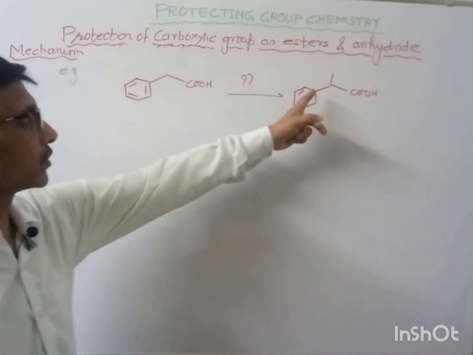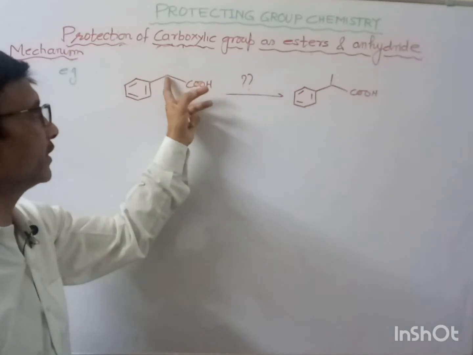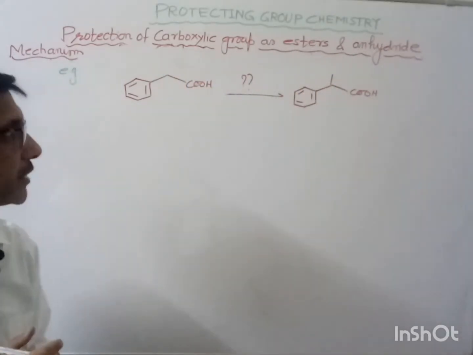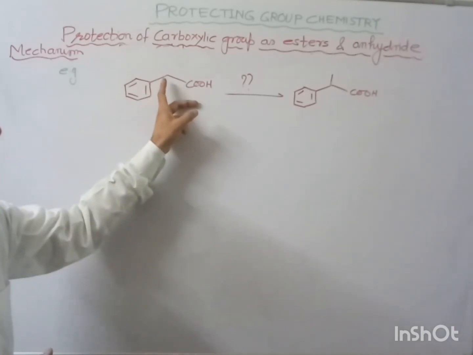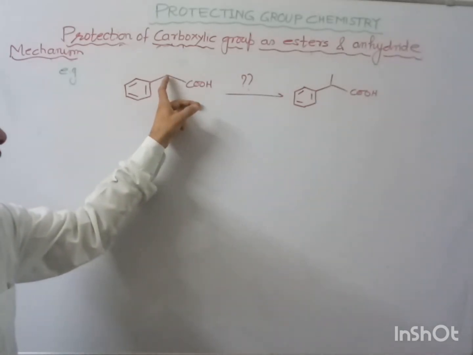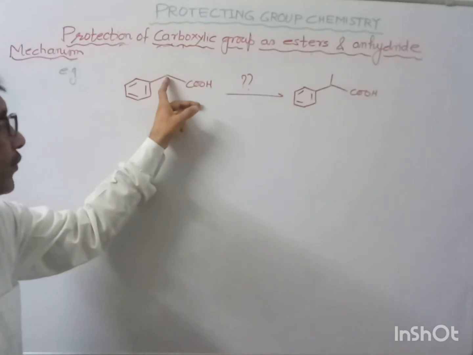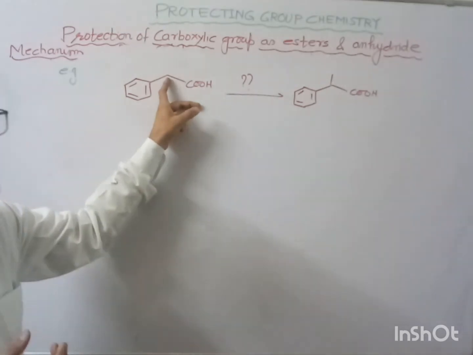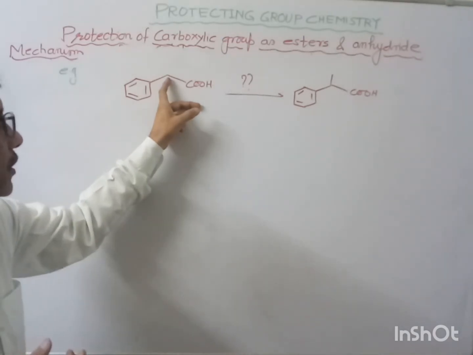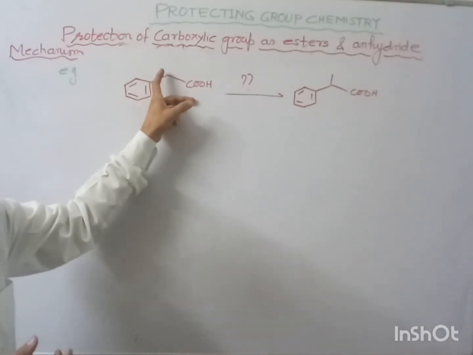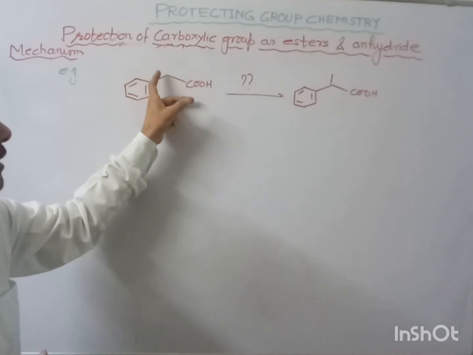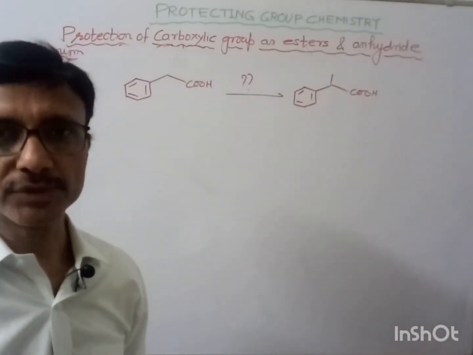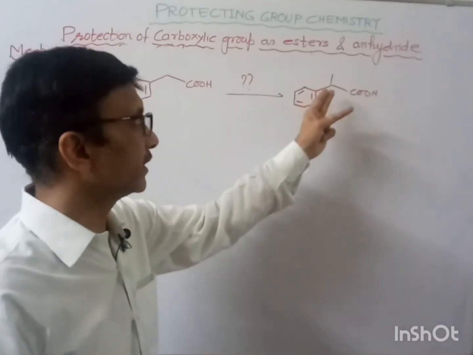We have to bring one of the methyl groups over here. How can we do that? If we remove one of the acidic hydrogens from here, then after that we can do the nucleophilic substitution. This will act as a nucleophile, and that can attack the methyl halide, and we can get this one.